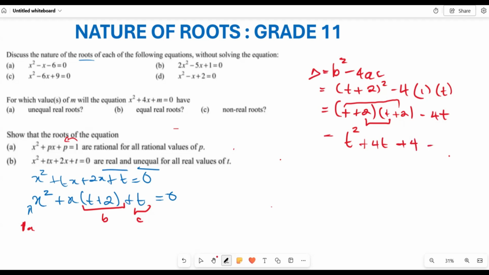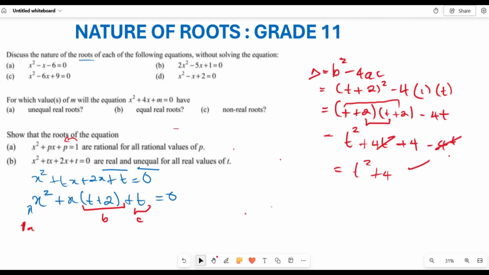This is going to be minus 14 altogether, right? And can you see that the 4t and the 4t are going to cancel? And now, is this going to be your perfect square? Let's see. This is the same as t squared plus your 4, right? And indeed, I can confirm that the roots here are going to be real and also unequal.